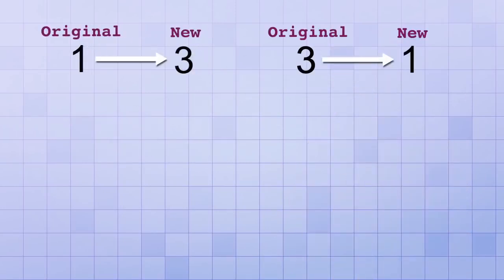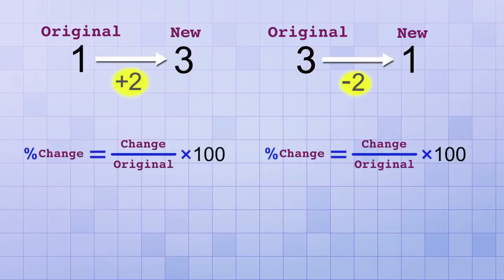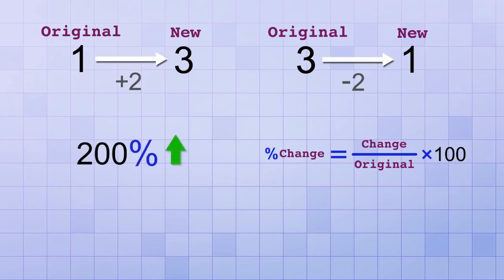In the first case, the change is positive 2. And in the second case, it's negative 2. Let's plug those values into our formula for percent change, along with the original values in each case, and see what answers we get. Going from 1 to 3, positive 2 divided by 1 times 100 equals 200, or a 200% increase.